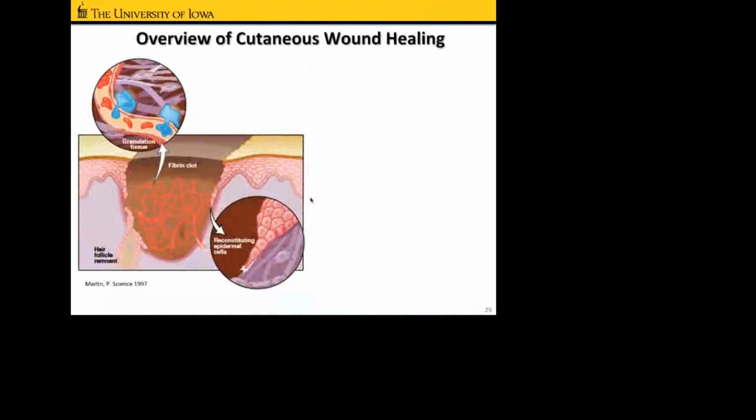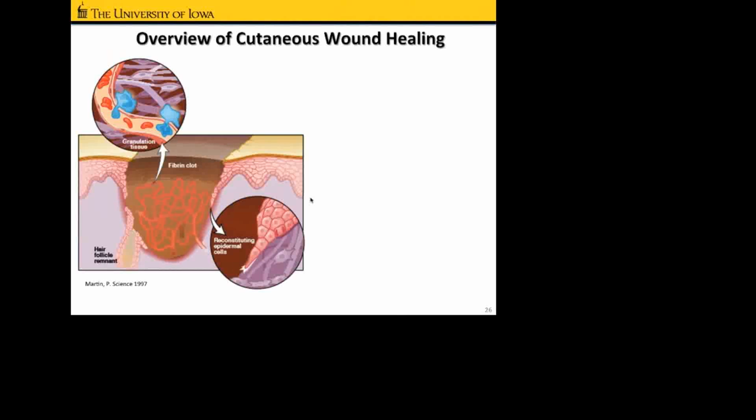Just so we are all on the same page, this is a schematic showing a nice drawing of cutaneous wound healing. You have injury to the skin, you have hemostasis and the formation of a fibrin clot, and you have infiltration of a bunch of other cell types, in addition to degranulation and contraction of platelets.